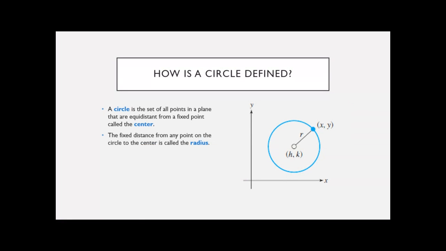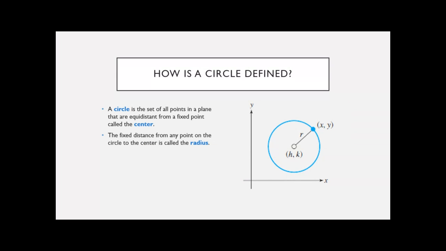So pretty much everybody knows what a circle is, but it actually has a mathematical definition. We have a geometric definition and then an algebraic definition. Basically, in the world of algebra, if you've got an XY grid, a circle is a set of all points in a plane, and a plane is a flat surface.